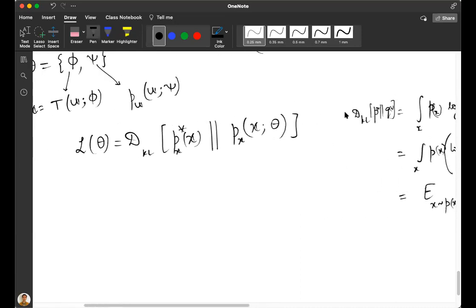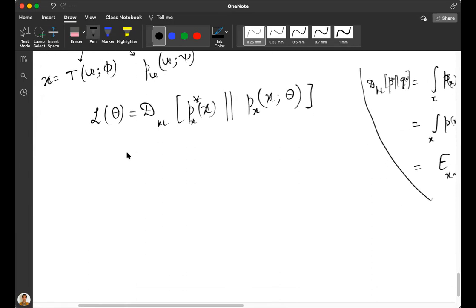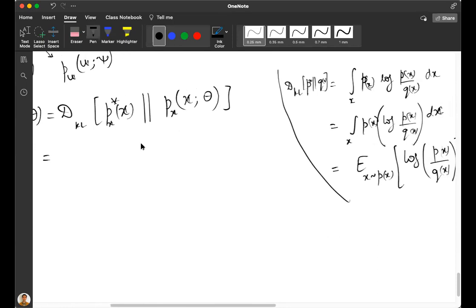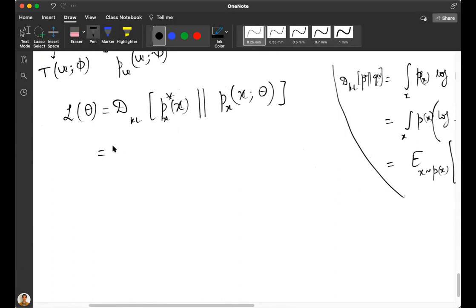So this is equal to, I have to write x is sampled from the first term. So this is expectation, x is sampled from p star x. X is a vector.